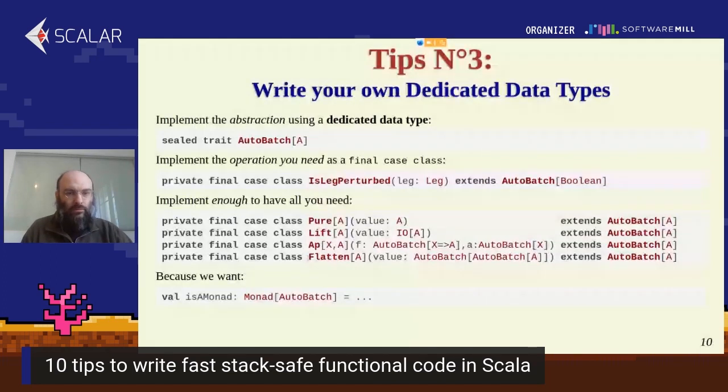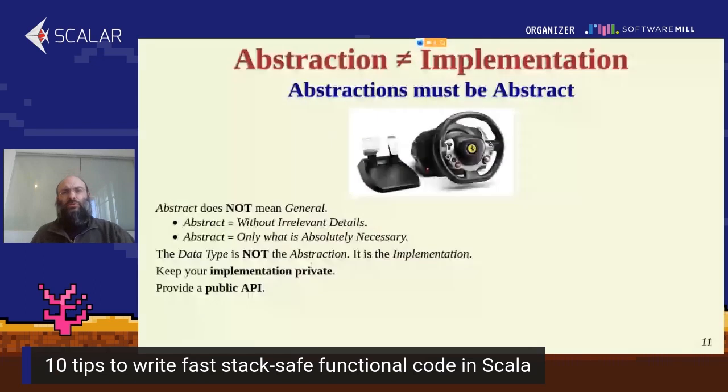And okay. So the difference between abstraction and implementation is very important. Abstract does not mean general. That's something I see very often, but it's not. Abstract means without irrelevant details. So it means that all the details that do not need to be in your business code, you just hide them from your abstraction.